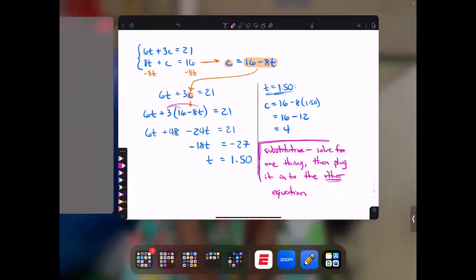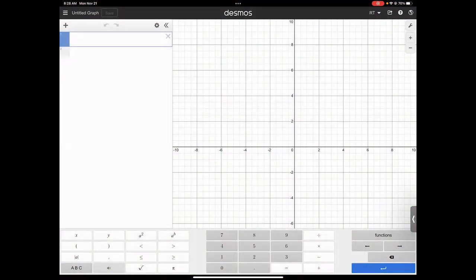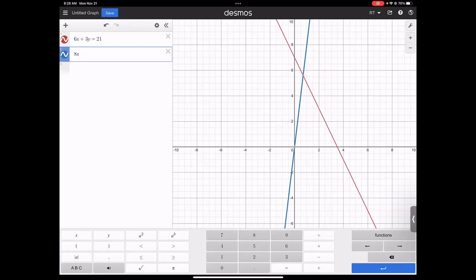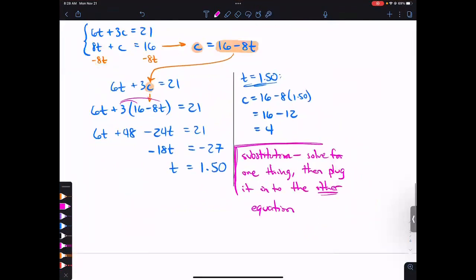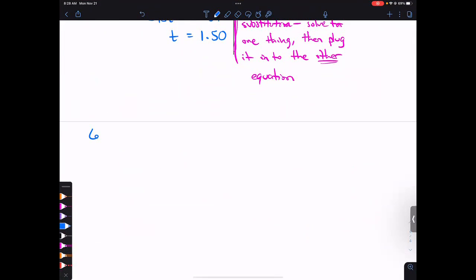Okay, then, of course, the other way that we could do all this, and think of this more as a way to check than anything else, would be to graph it. So we had 6t plus 3c is 21, I'm going to use x and y, and 8x plus y was 16. If you were going to graph those by hand or in a calculator, you would first think of that as x and y, and then solve for y, right?